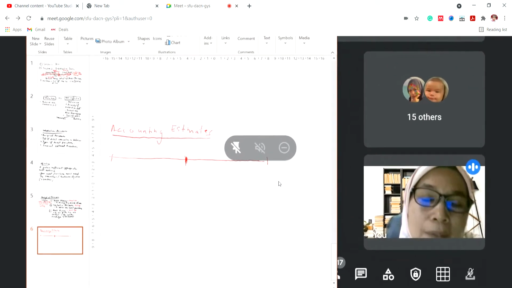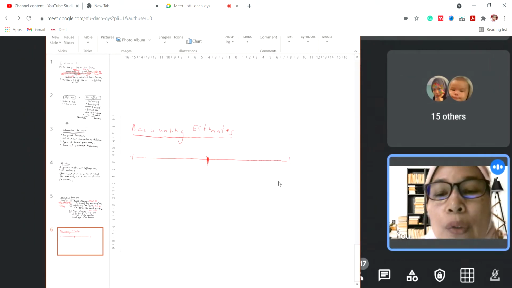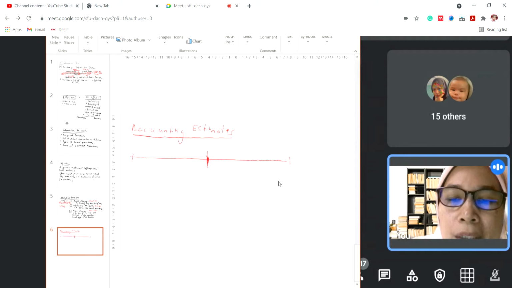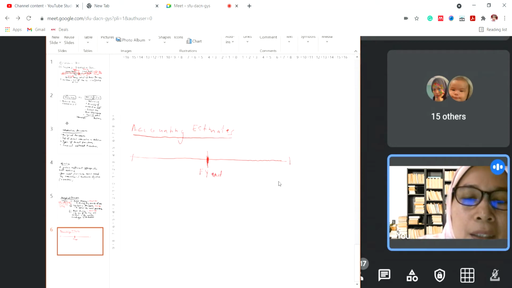So that one, you have to look at when to look at the accounting estimate. The accounting estimate is starting from the financial year end until the audit report issued.